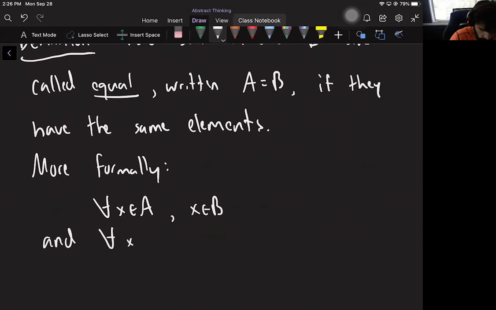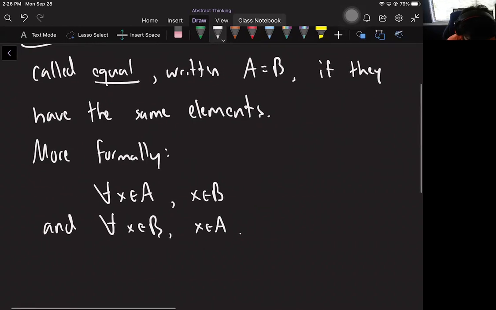No matter what you pick in B, it should be in A as a result. And if you can accomplish both of these things, then you're saying that they have the exact same elements in a more fancy, more formal way.